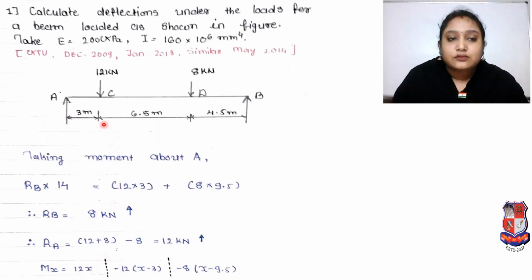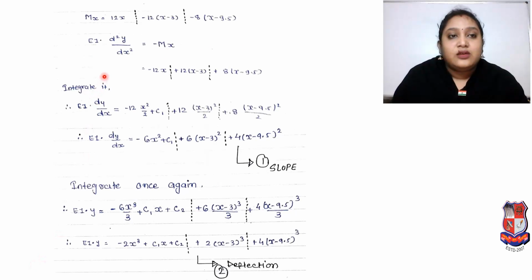Then it is downward, so it is minus 12 into x minus 3. It is downward, so minus 8 into x minus 9.5. So as per that we write that moment at x. So Mx is equal to 12x minus 12 bracket x minus 3 minus 8 bracket x minus 9.5 bracket over.